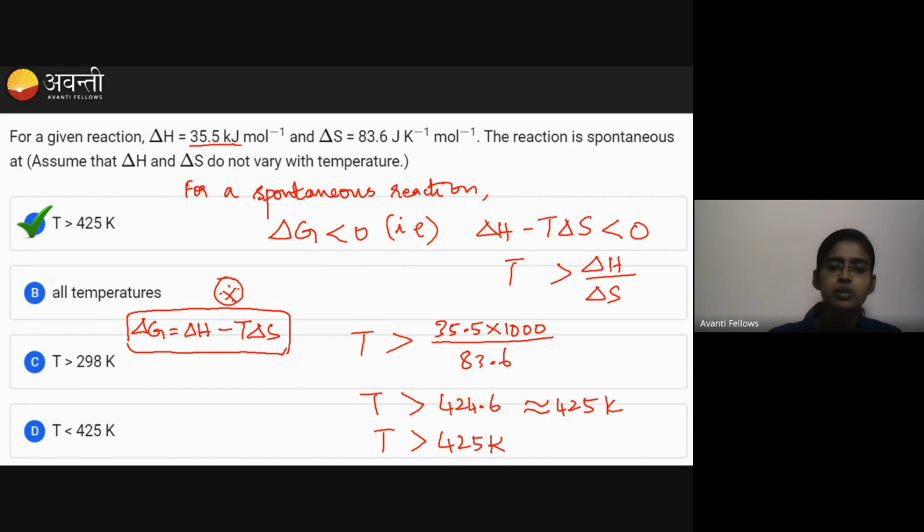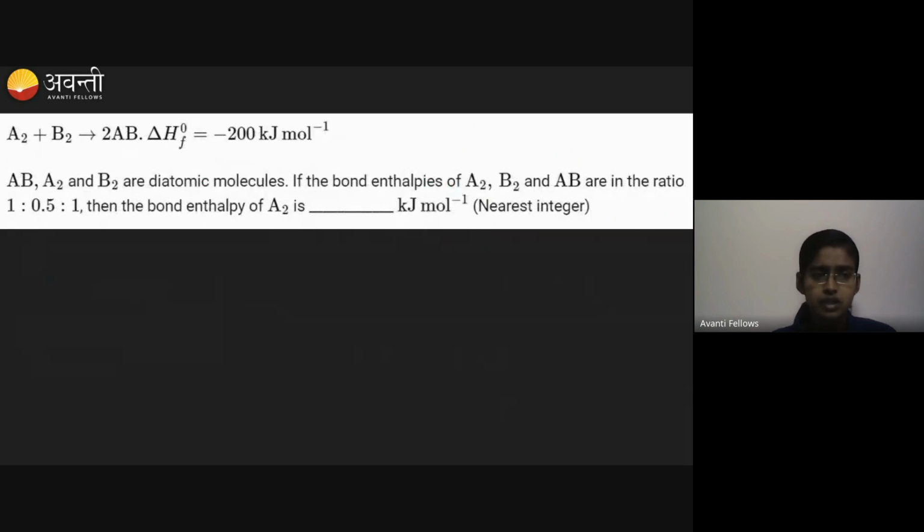Now moving on to one more question. A2 plus B2 giving 2AB. For this reaction, the standard enthalpy of formation is given as minus 200 kilojoule per mole. And here AB, A2, B2 are diatomic molecules. Yes, 2 atoms are there, so they are diatomic.